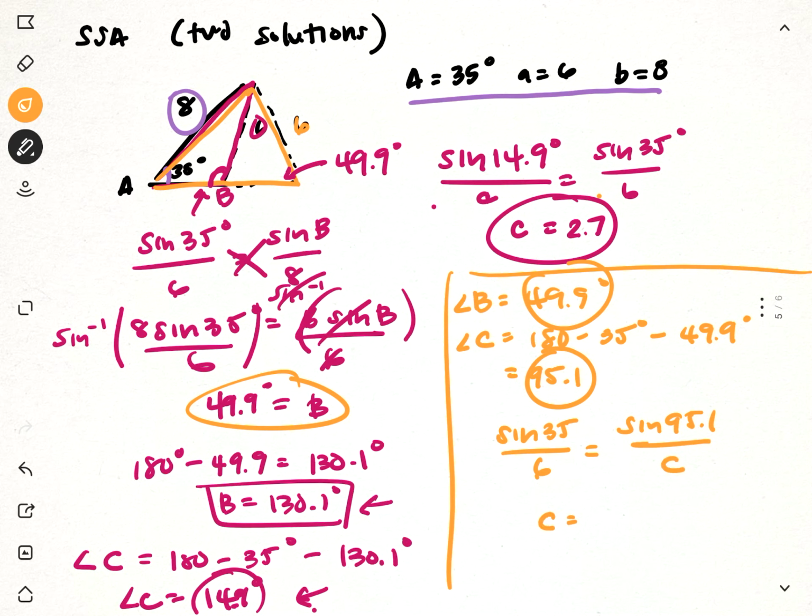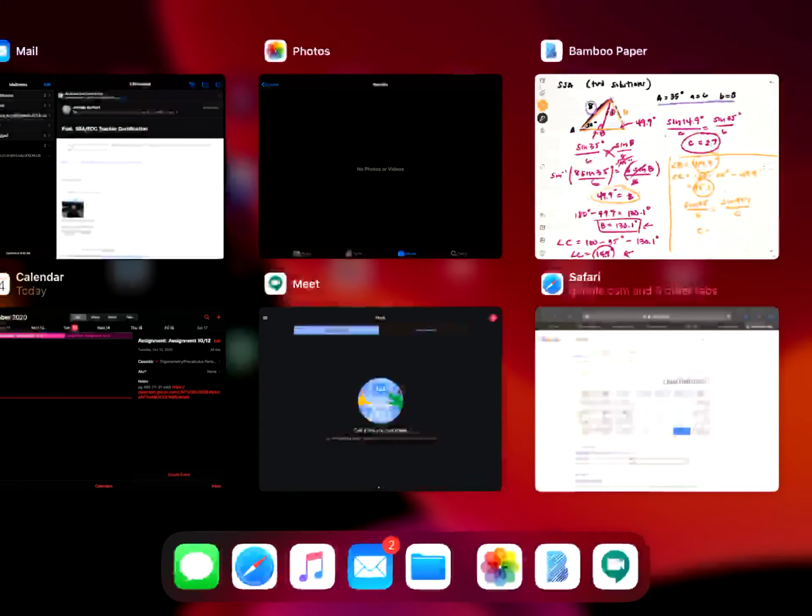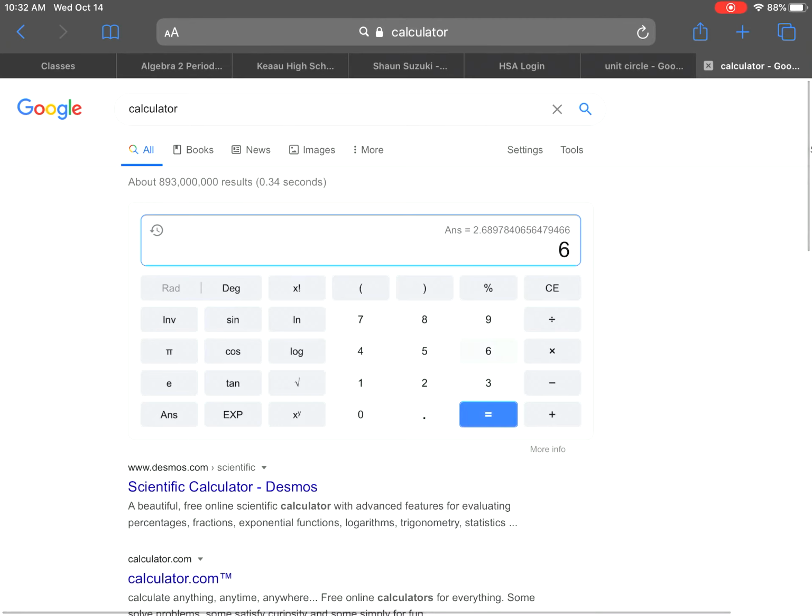And when we do all our work there, we should end up with 6 sine 95.1 divided by sine 35, which is 10.4.